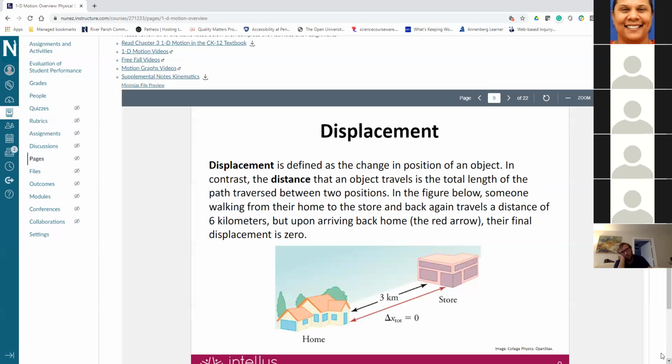I know that terminology is a different way of thinking, because when we say describe something, typically we're talking about how tall it is, the color, did they have on red shoes or green shoes? But in this case, when we say describe a moving object, we're talking about these fundamental properties that help us in our kinematic description of the object.